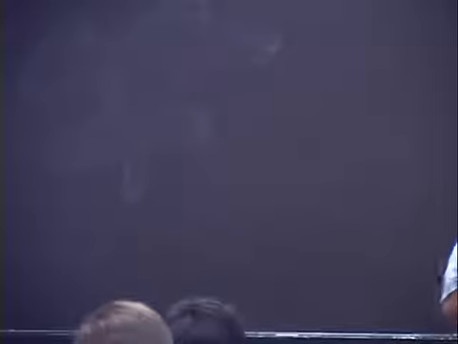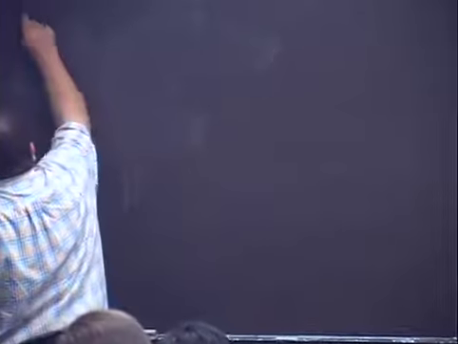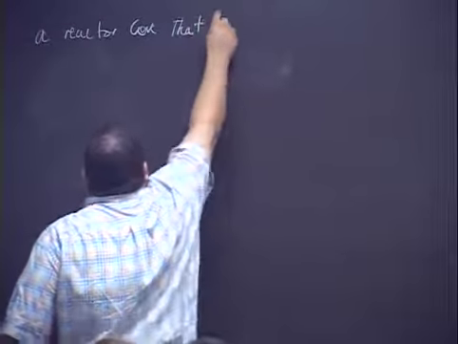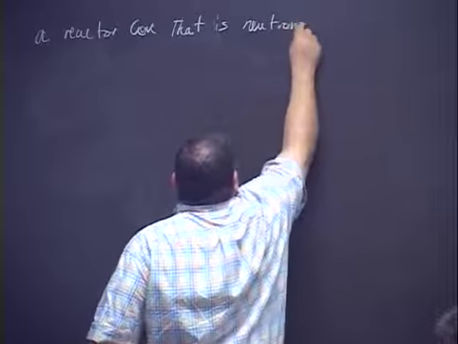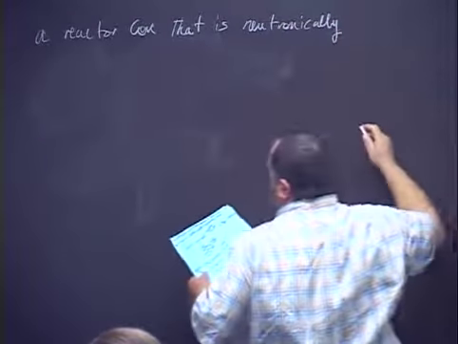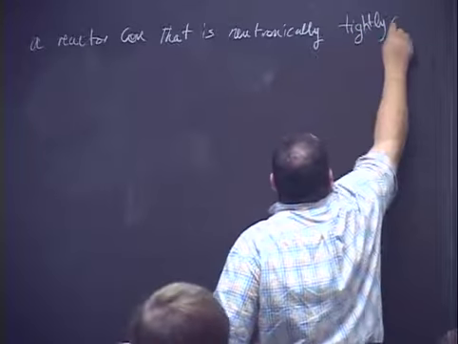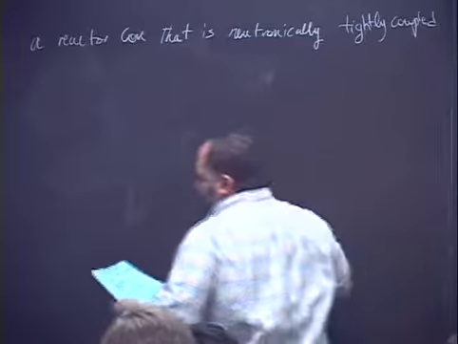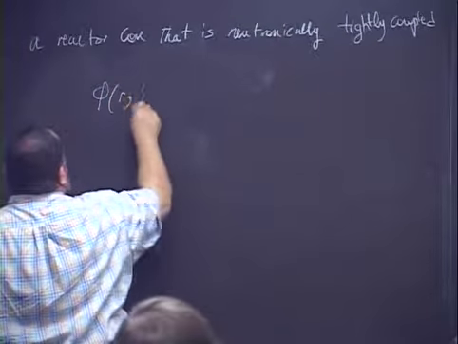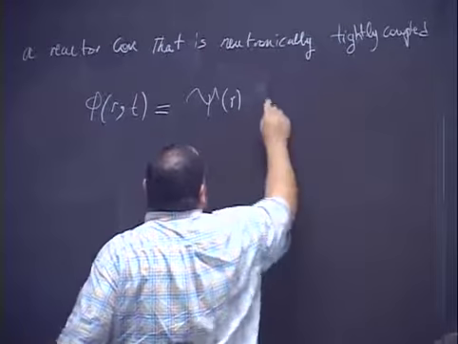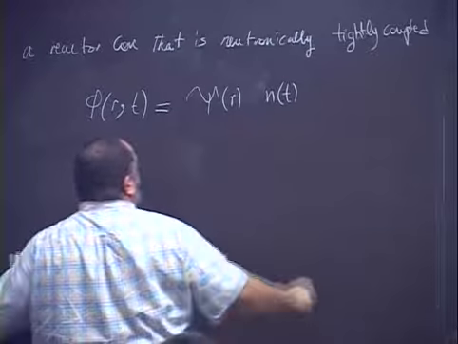Last time we showed that for a reactor core that is neutronically tightly coupled, we can write our flux phi of r and t as equal to some spatial function psi of r multiplied by a function of t.